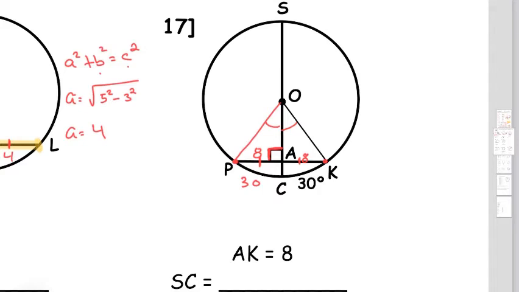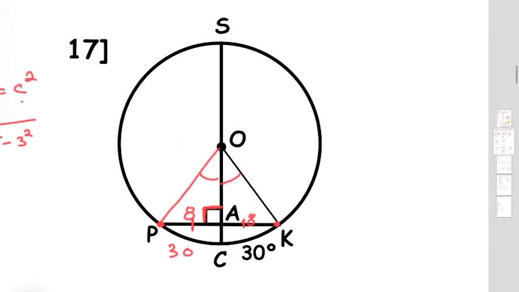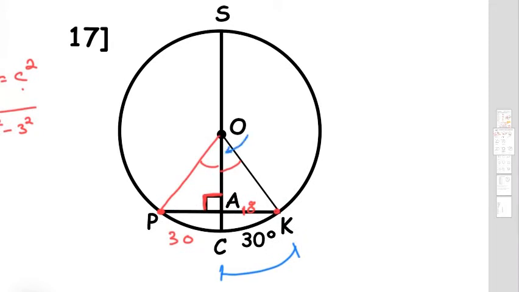So for 17, we have to think way back to when we were talking about special right triangles. So notice how this arc CK measures 30 degrees, which means this central angle here also measures 30 degrees.